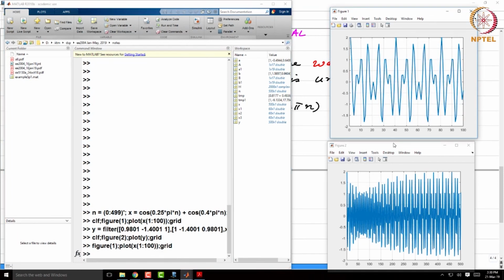The point I want you to note is that initially the filter is at rest and you are applying this input suddenly.